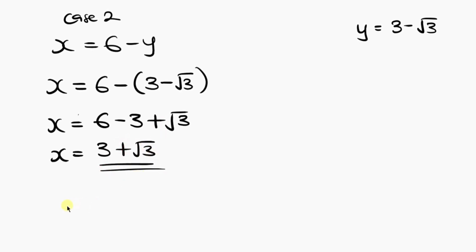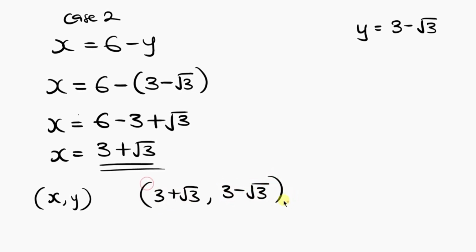So, remember, the question asks us to find the value for x and y. The values for x and y are represented like this: when x is 3 plus root 3, as we just saw here, the value of y is 3 minus root 3.